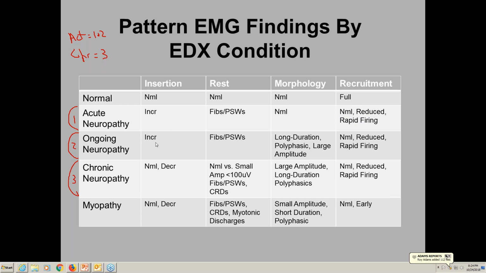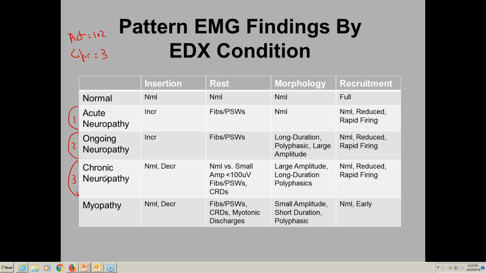Ongoing neuropathy implies some increased insertion, fibs and positive waves, evidence of motor unit remodeling due to collateral sprouts, long duration polyphasia, large amplitude motor units, and the recruitment may be normal if it's very mild, reduced in rapid firing if it's more severe.